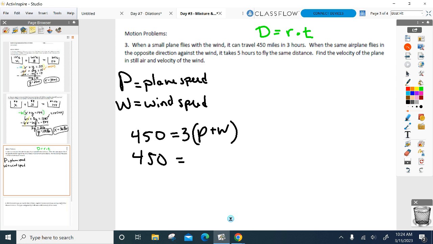Well, I can't put P plus W because they're not going with each other. Subtract them. So I'm going to go P minus W when they go against each other. And then how long do I have to take? Now that's times 5. Okay, so against, I'm going to subtract. With, I'm going to add them together.